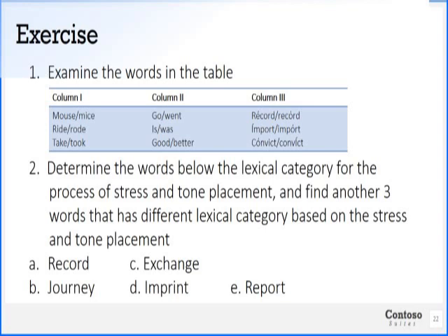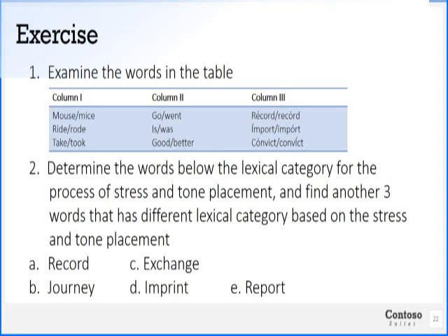Do not rewrite. Okay, and the next, number 2: determine the lexical category of the words below for the process of stress and tone placement, and find another 3 words that have different lexical category based on the stress and tone placement. For the first one, record, the next is journey, and then exchange, imprint, and report.